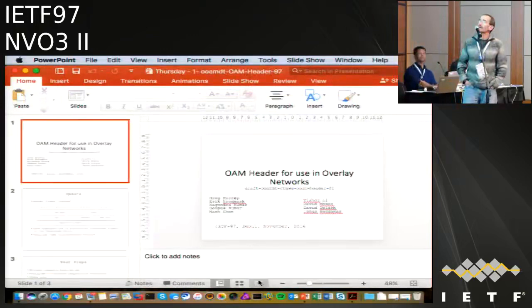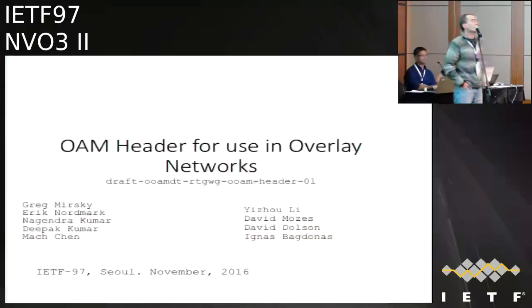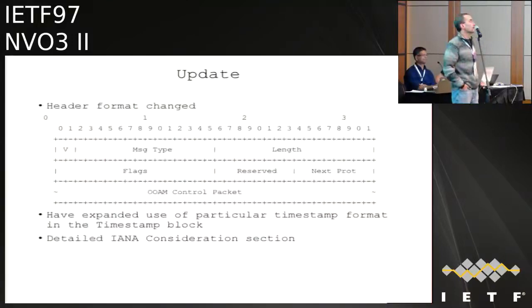Okay, so this is an update. You may recall we had an overlay OAM design team formed in the routing area and chartered to do work that would be applicable to new overlay technologies, including Layer 3 overlay, SFC, and BIER.